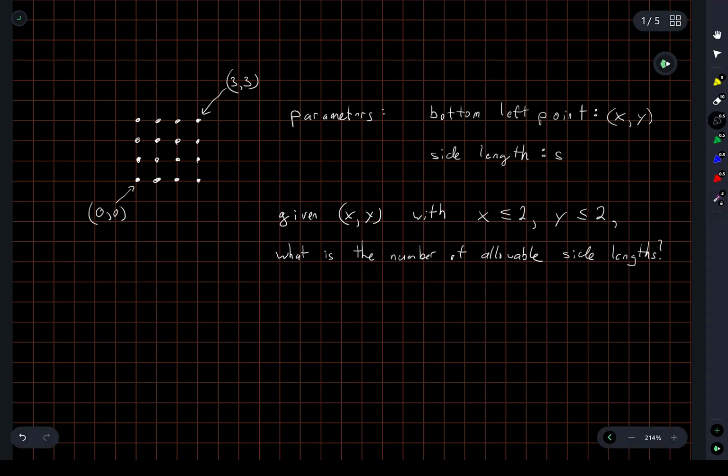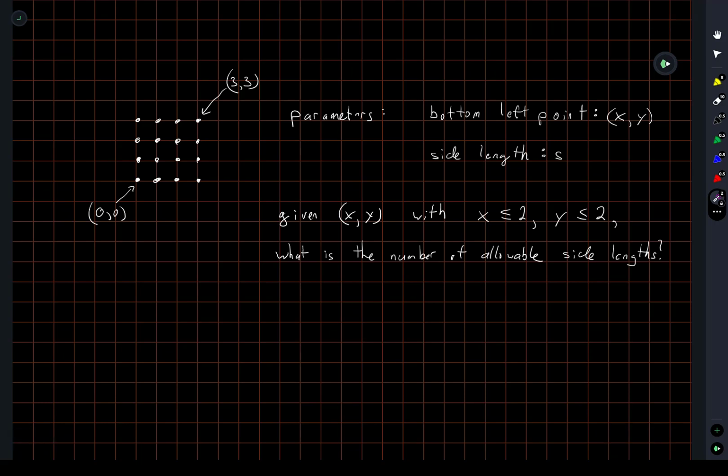This will depend on the maximum of x and y, right? If x is larger than y, so a point like this, the restriction on how many side lengths we can have is the x coordinate, not the y coordinate. So for example, if that's the bottom left point, there's only one side length we can use, and it's 1. If this is the bottom left point, there are only 2 side lengths we can use, 1 or 2, and that's because the x coordinate is larger.